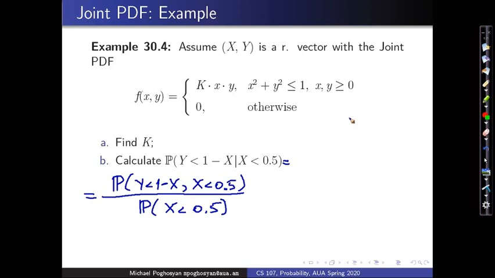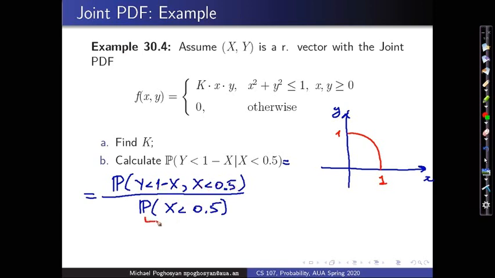Now the geometry, what are we calculating? This is x, this is y. I have the region, this portion, this segment. We are working inside this segment, and we need to calculate the probability that y is less than 1 minus x, x is less than 0.5.